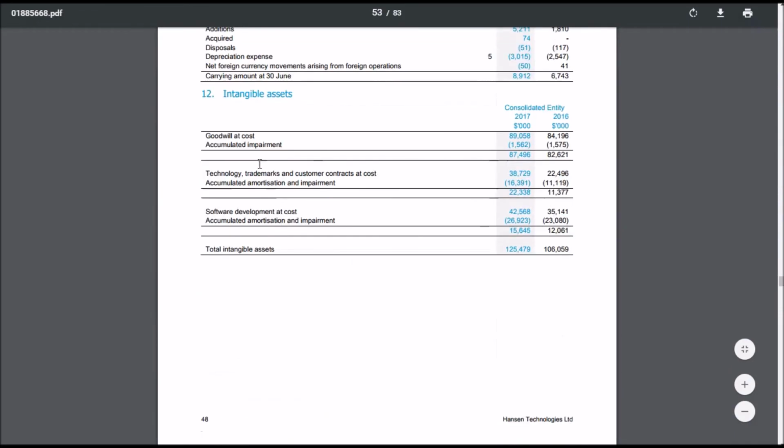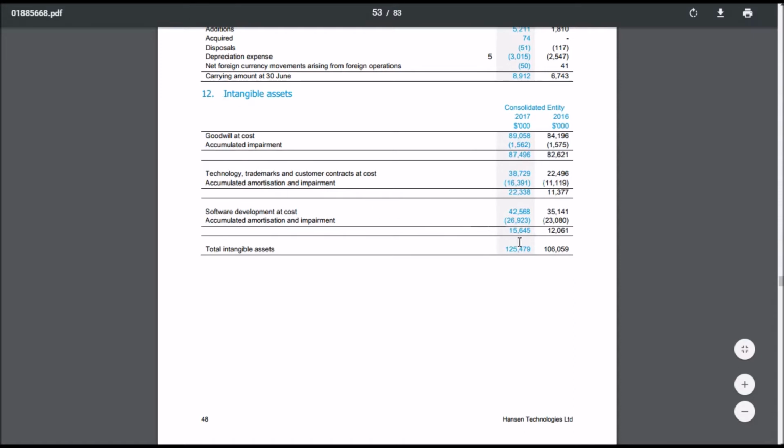So in the notes, here we are, number 12, intangible assets, and this will break it down for us. See, goodwill at cost, 89 million, accumulated impairments, negative 1.5 million, technology, trademarks, customer contracts at cost. So what it does here, it breaks down the exact figure of intangible assets, and we'll get that figure of 125 million.